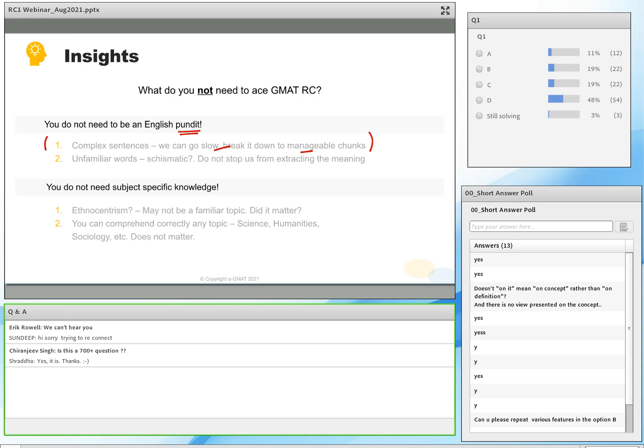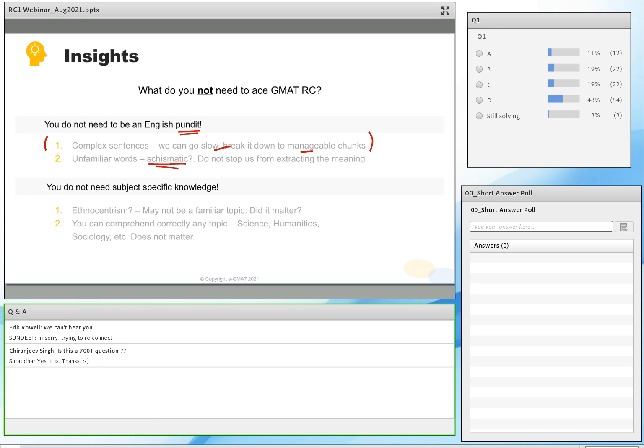Is that clear? The second part, some of us may still not know what schismatic is, but did that stop you from solving the question? That's what I wanted to take away. No, I don't know what schismatic means, but it did not make any difference. I was still able to solve that question perfectly well. Why am I telling you that these kind of complex words do not matter?